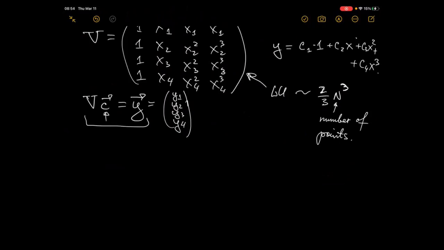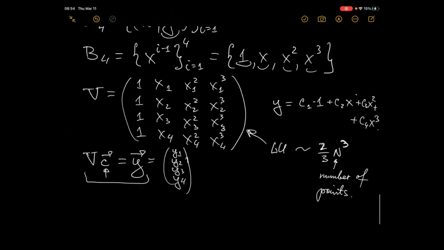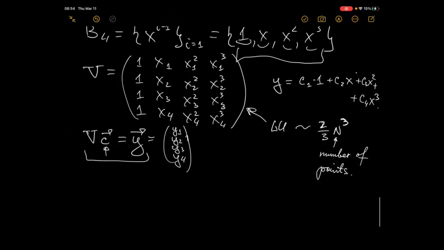Now, can we use different bases, not the basis of monomials, which is very simple, very natural? In the vector space of polynomials, this is the so-called natural basis, right? So let us use a little bit different basis.